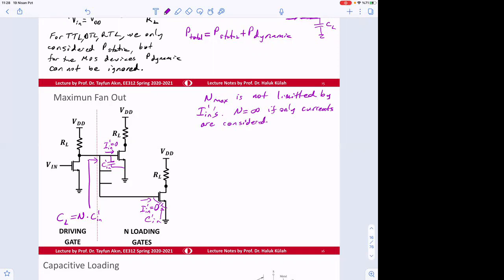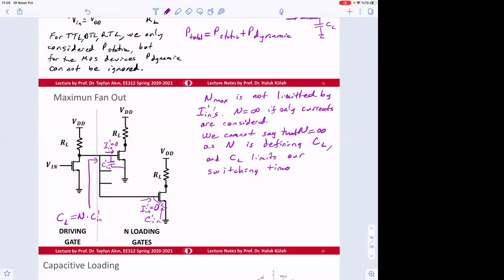However, we cannot say that N is infinity, as N is defining CL, and CL limits our switching time.